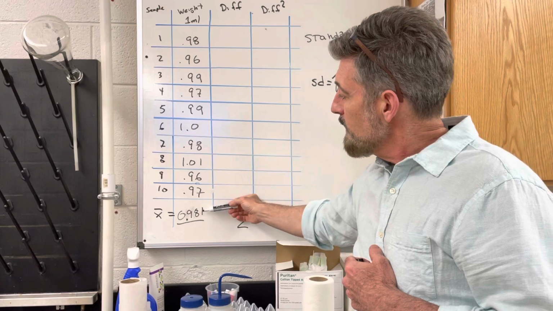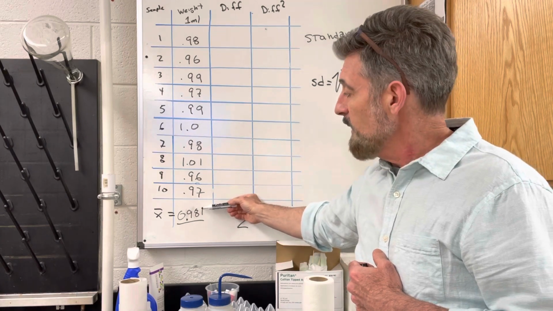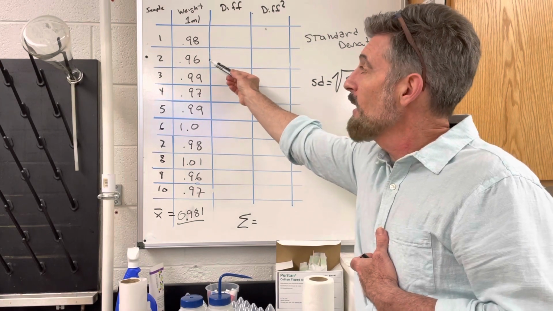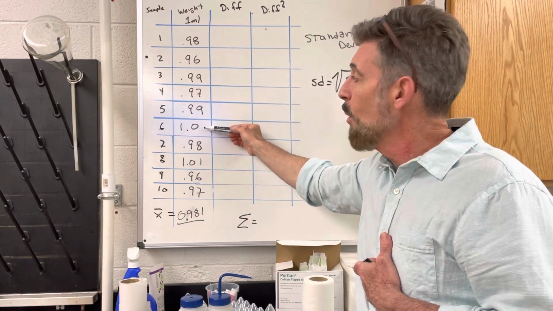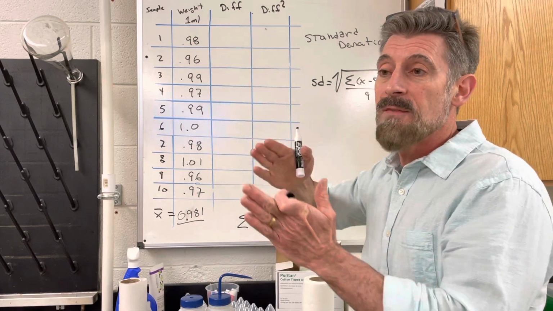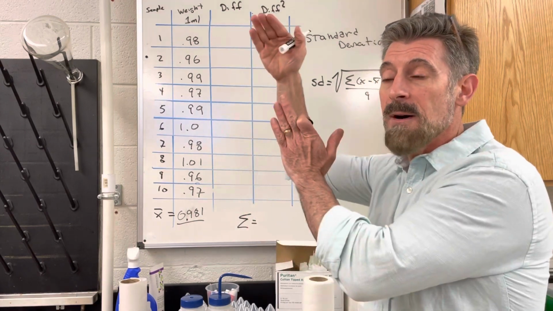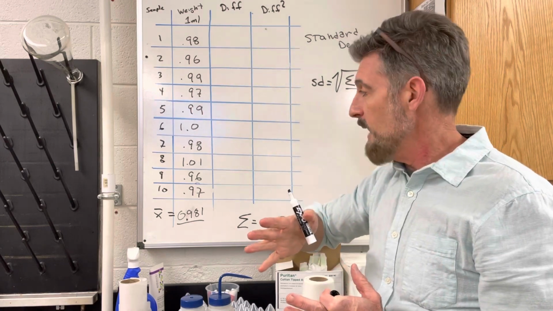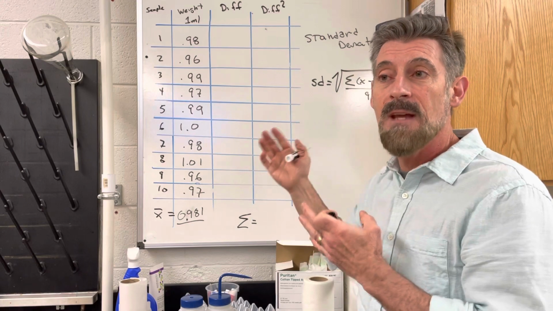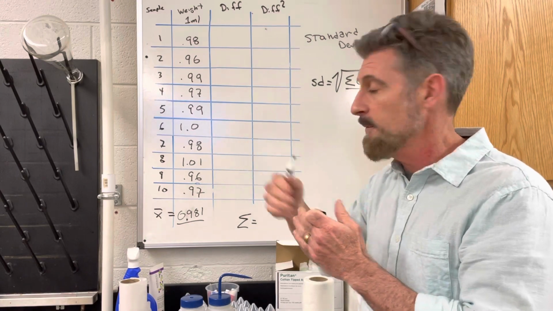But if this is your average, 0.98 roughly, that means some of them are the same as the average, some of them are less than the average, and some of them are more than the average. What we want to calculate is how much variation is there? How much do we go above the average or below the average? That's the variation, or in this case, we call it the standard deviation, the deviation from the mean.